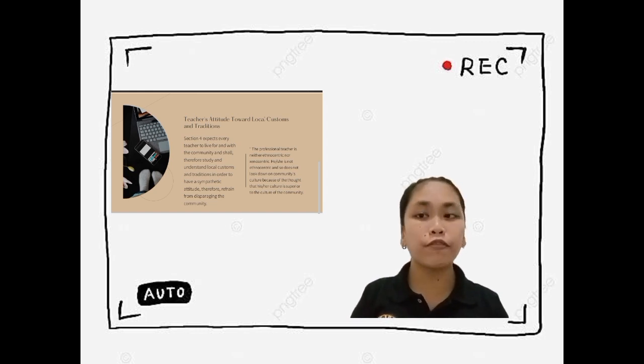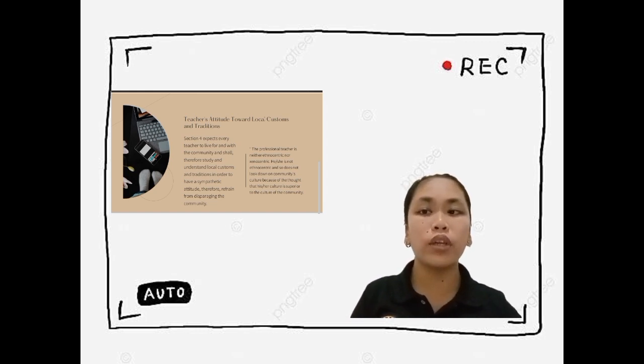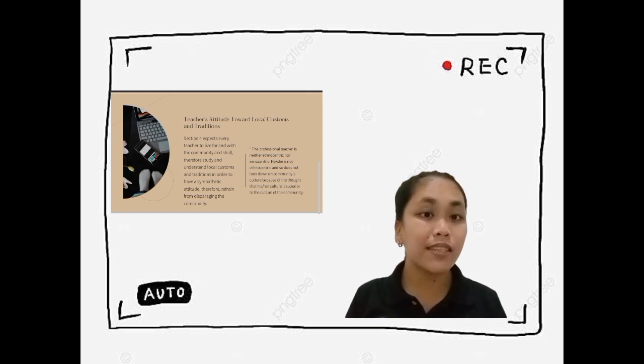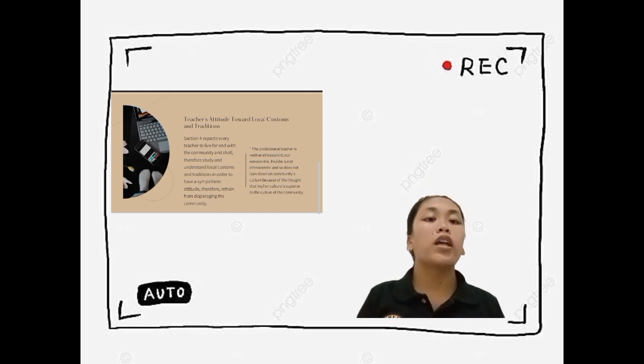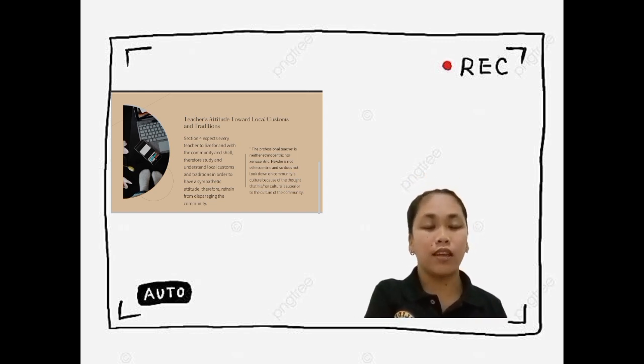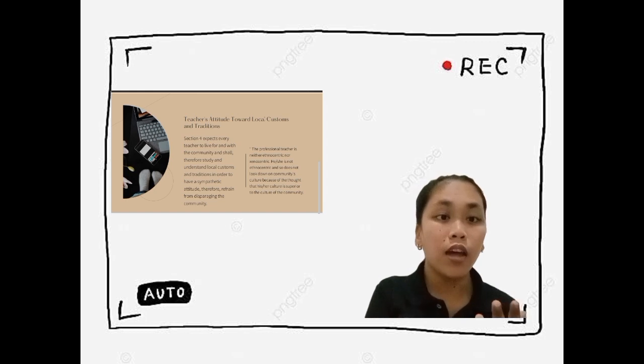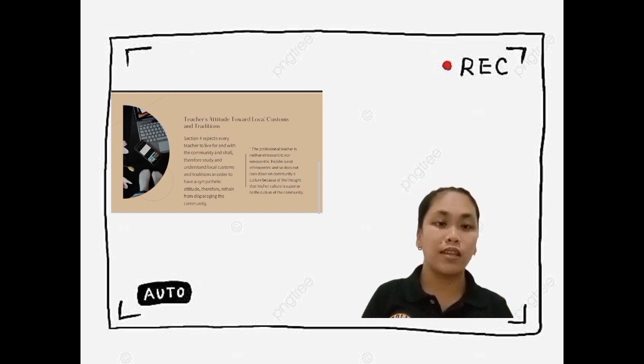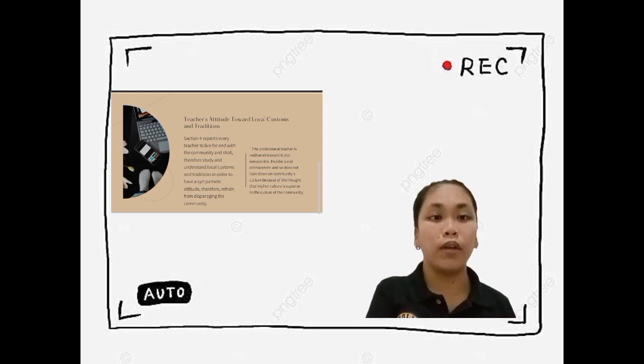Section 4, teachers' attitude towards local customs and tradition. Section 4 expects every teacher to live with the community and shall therefore study and understand local customs and tradition in order to have a sympathetic attitude, and therefore refrain from disparaging the community. Teachers can help the students to do well in school and help the environment to be good.